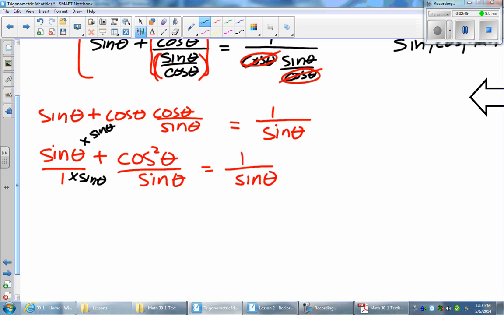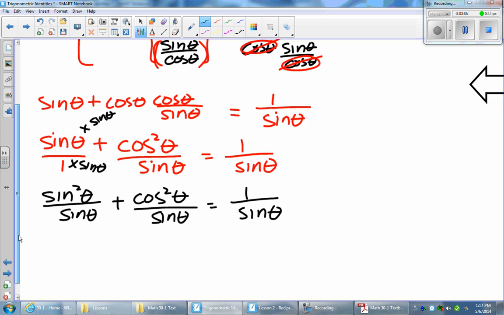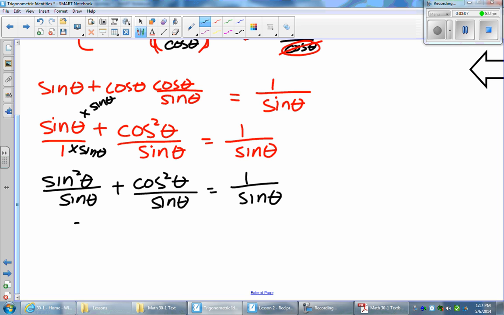So what you're left with is sine squared theta over sine theta plus cosine squared theta over sine theta, and this should be equal to 1 over sine theta. Once again, we have the same denominator, so go ahead and add the numerators. I get sine squared theta plus cosine squared theta all over sine theta.